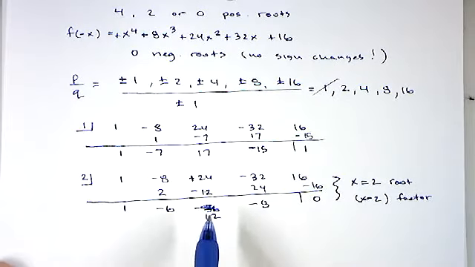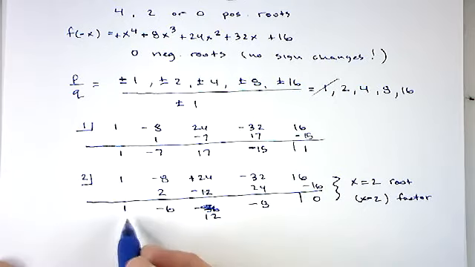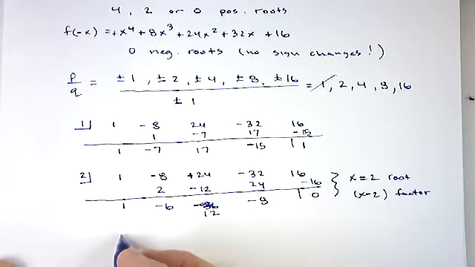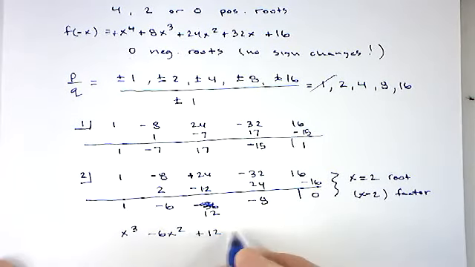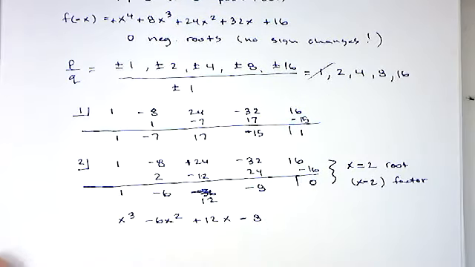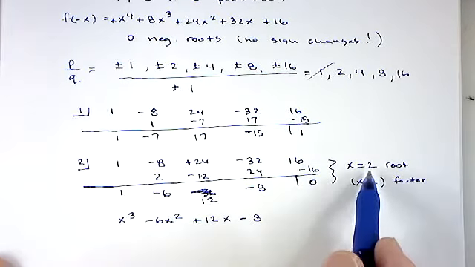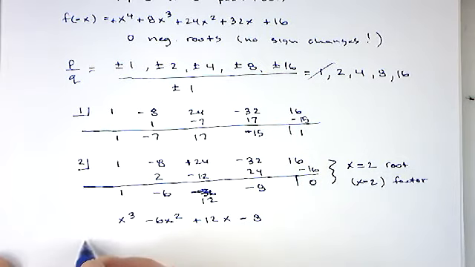All right, so now we can work with our reduced polynomial, which is now x cubed minus 6x squared plus 12x minus 8. And remember that 2 could be a double root, right? It could go into this again. So let's try that again.